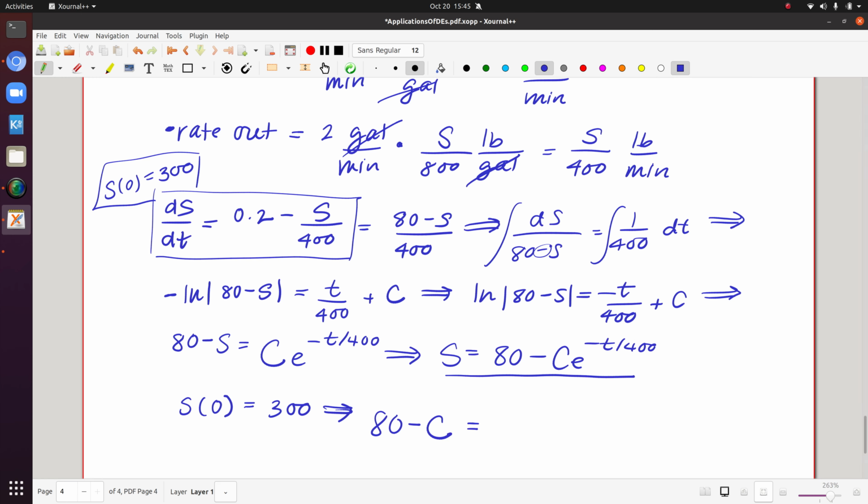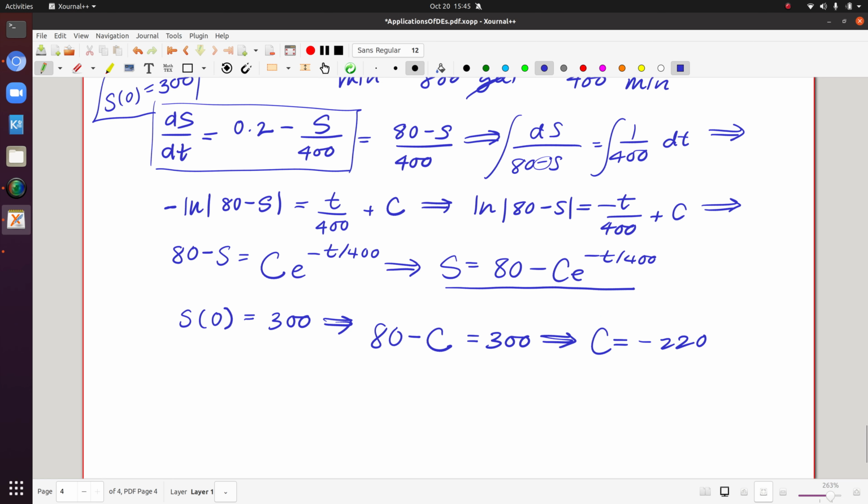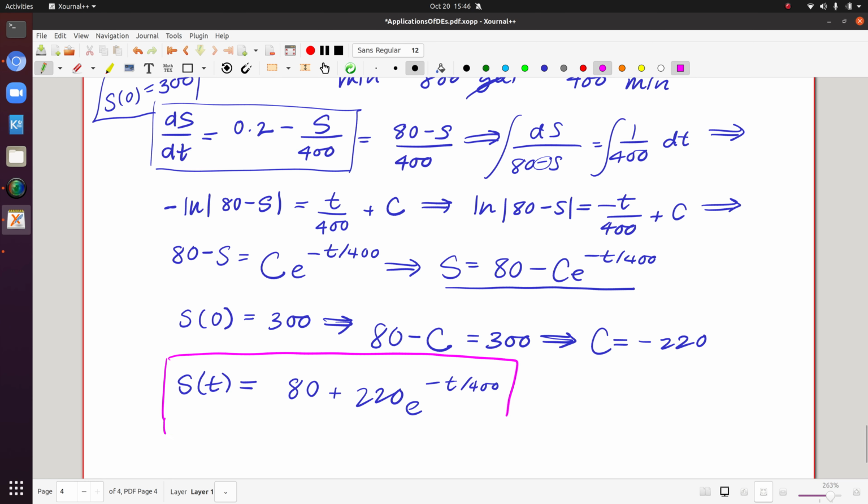We want that to equal 300. So that tells me that c is 80 minus 300, or negative 220. So this just means then that my final function here is going to end up being 80 plus, because I'm doing minus a negative, so plus 220 e to the minus t over 400. So this would be the solution to our initial value problem.